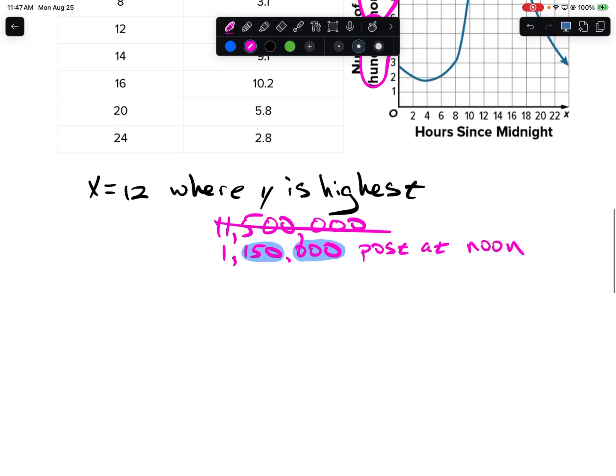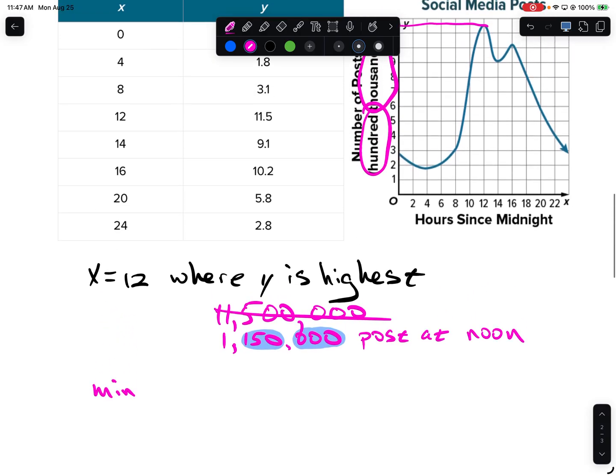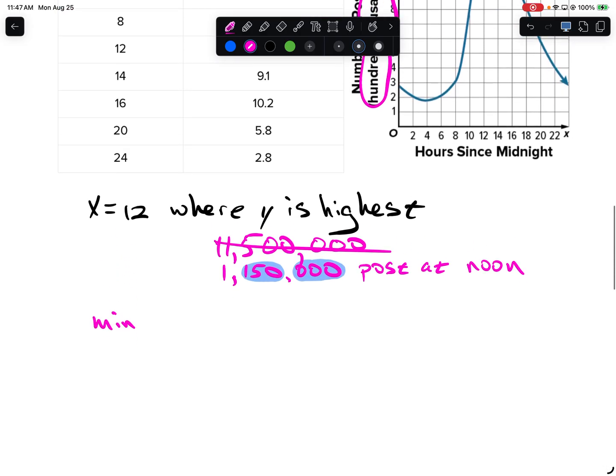So where's the min? Where's the lowest min? At 4, right? 4 a.m. And how many posts? So how many are there if you go to hundreds of thousands?